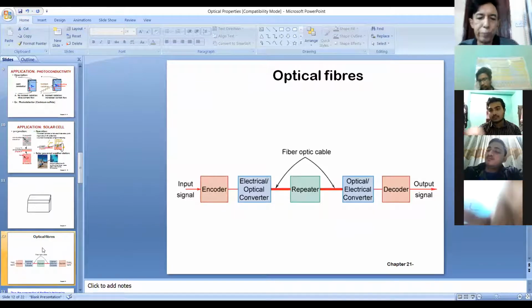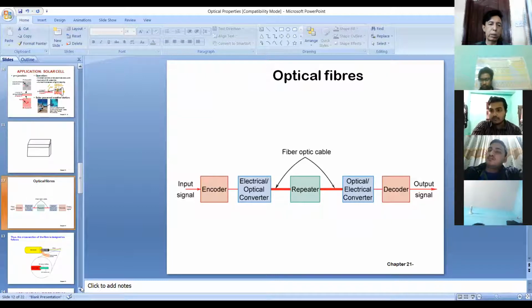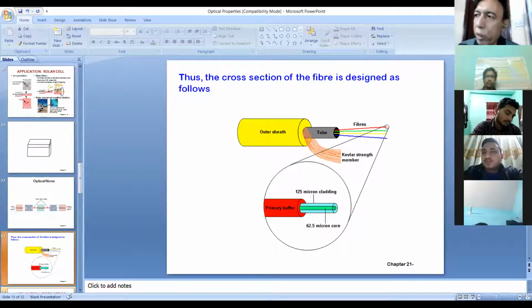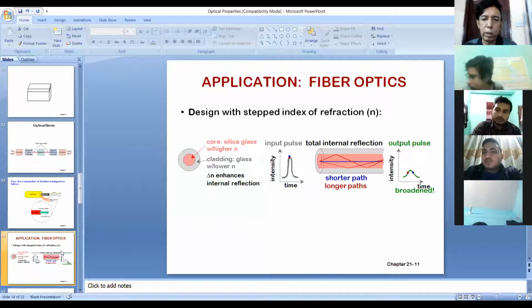Optical fiber. How optical fiber works. Now, let us see how it is.